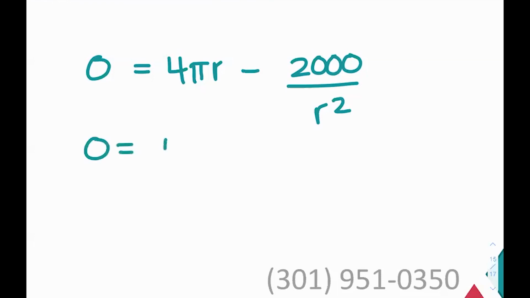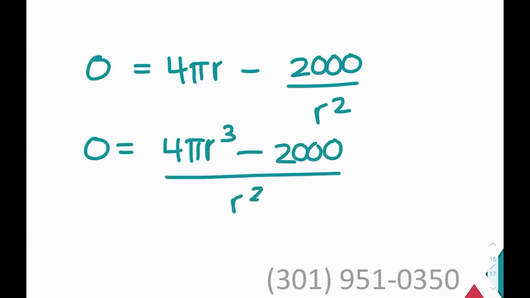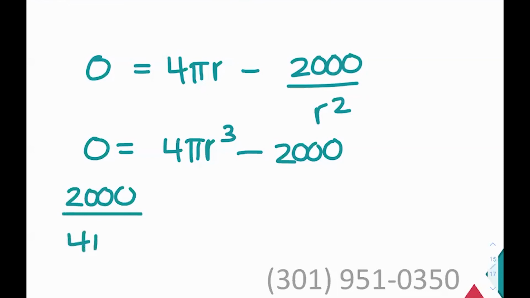So turning this into one giant fraction with a common denominator would give us this expression. If I want to know where this expression is equal to 0, I need to set the numerator equal to 0. The denominator can't be equal to 0. I need to set that numerator equal to 0, and then really I am just going to solve this equation.